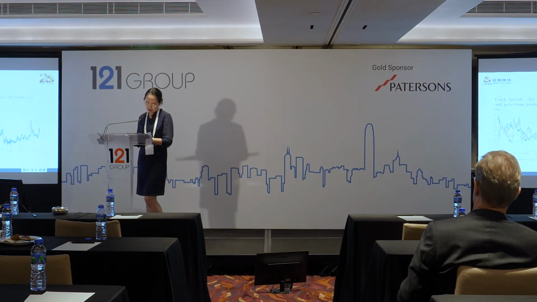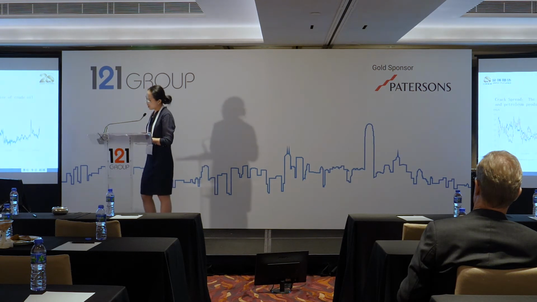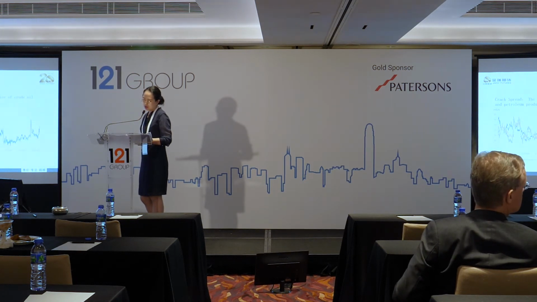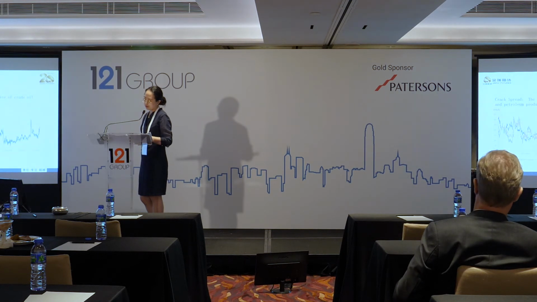So the demand is now determined by that of bitumen as a significant factor affecting the spread. The divergence between the demand and supply might occur.